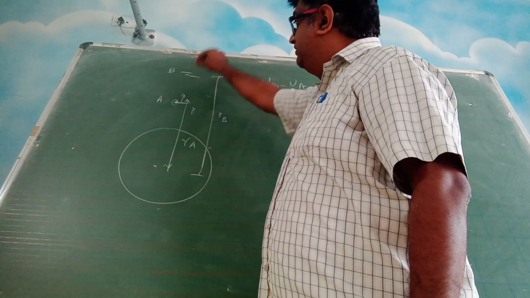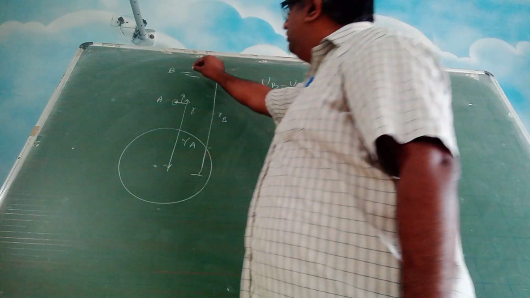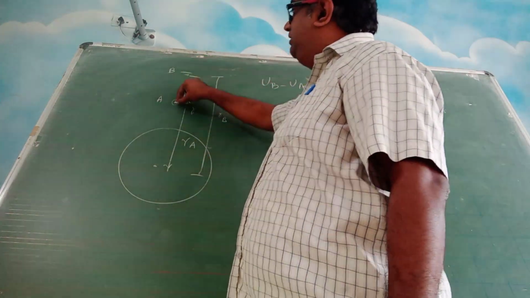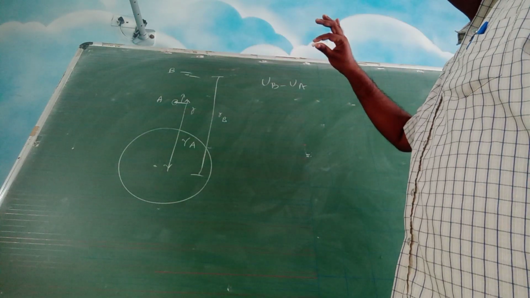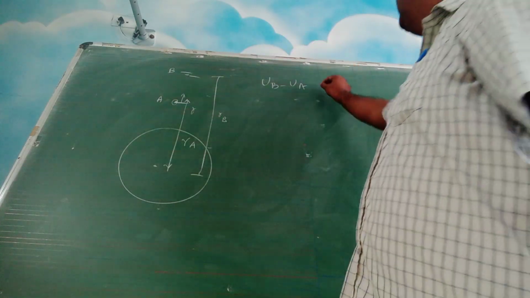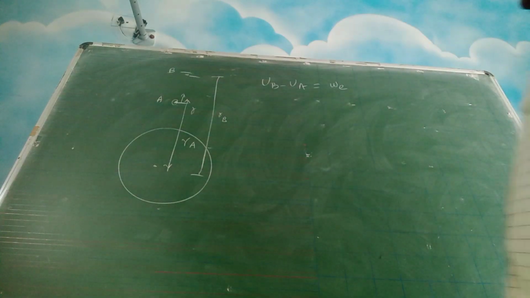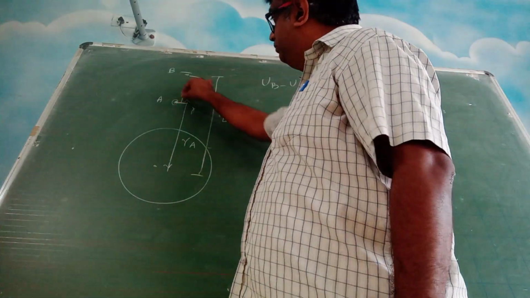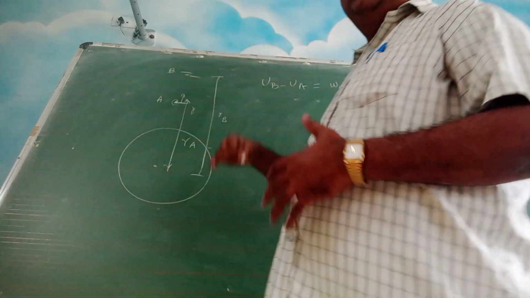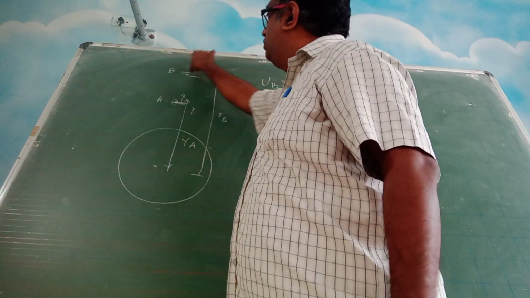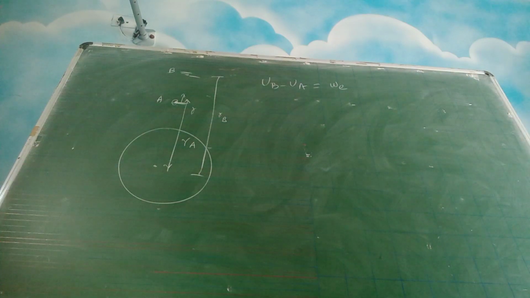So the difference of this potential energy must be some external work done. Then only it is possible. If you start doing small work, this will go from here to here. Now that much is clear.